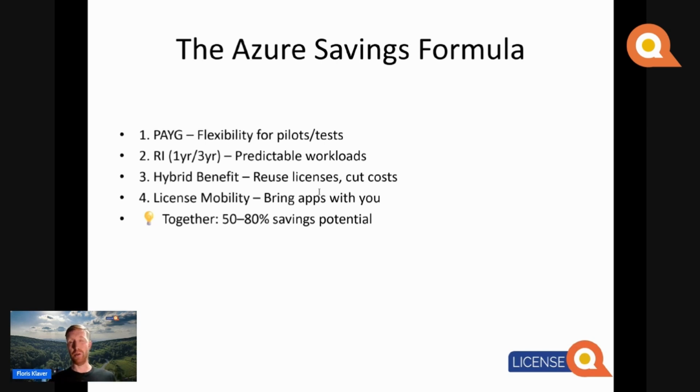But if they're on a majority of the time throughout a year, throughout a month, reserved instances might make sense. Layer on Azure Hybrid Benefit if you already own licenses with software assurance for Windows Server and SQL Server. And for other services where you have licenses, use license mobility if you want to migrate those applications to the Azure cloud.